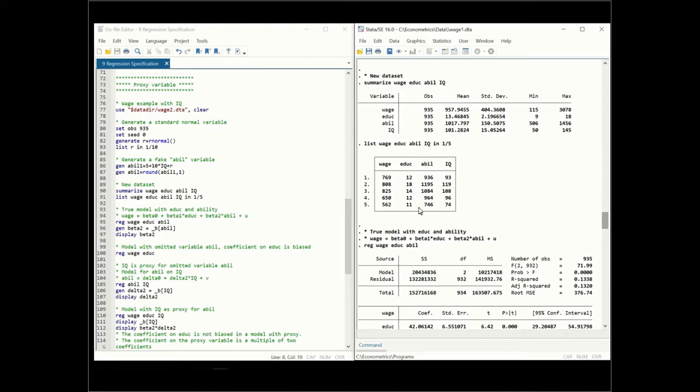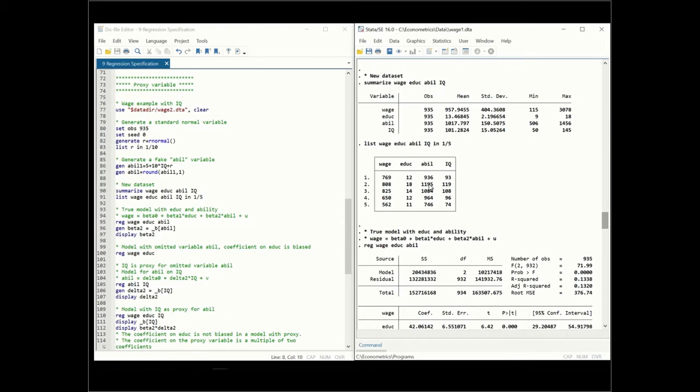So let's suppose that we have a variable ability that looks like that. Now, again, no one would do this in real life, generate a fake variable on purpose. But for teaching purposes, I wanted to show you what it would mean if we did have that variable, but on purpose did not include it in the model.